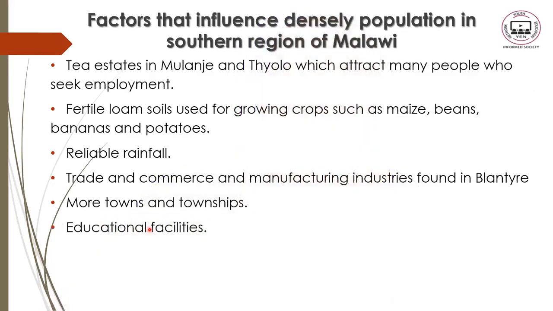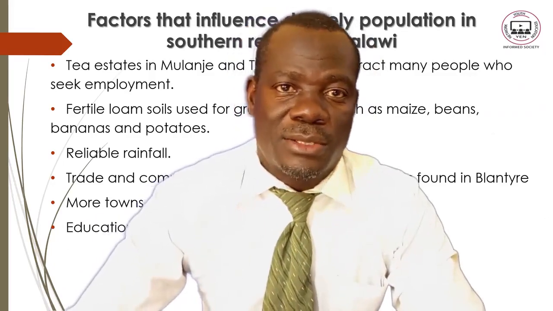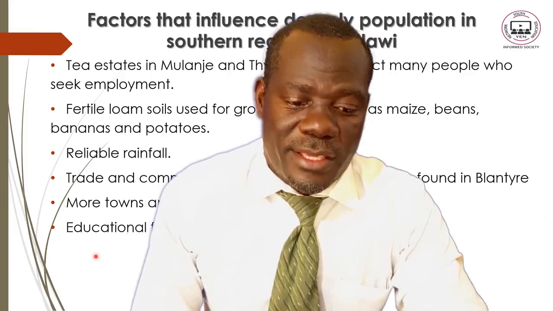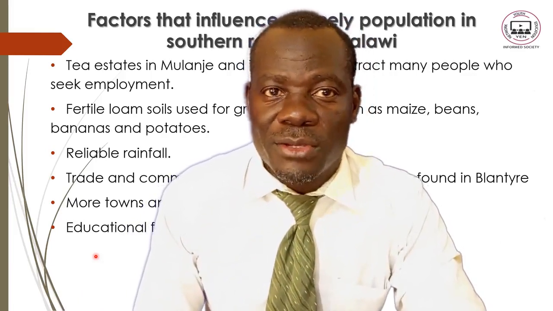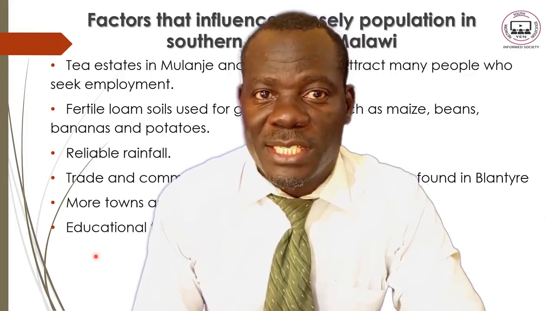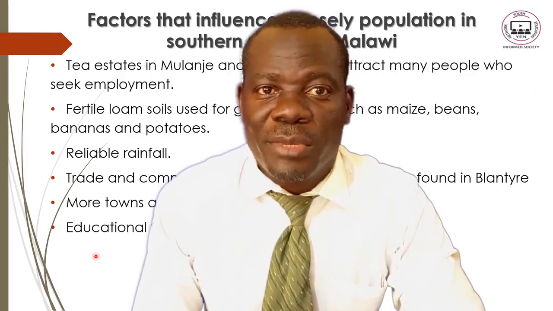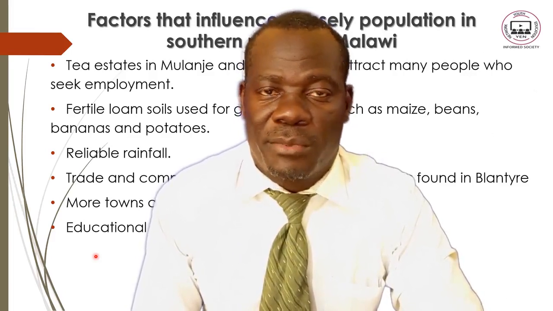Also, educational facilities. The other issue that has contributed to population growth is the educational facilities. In the southern region, there are many educational facilities. As a result, people go there to get education, some to get employment, and the population grows.